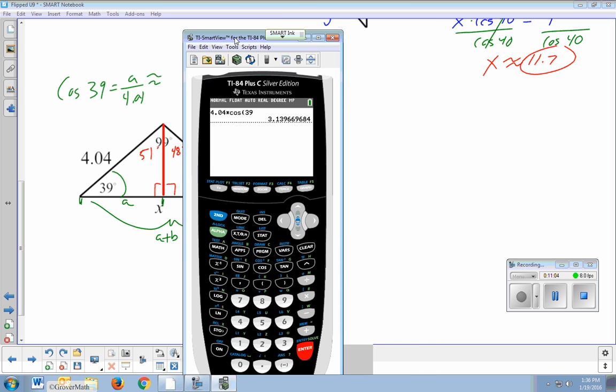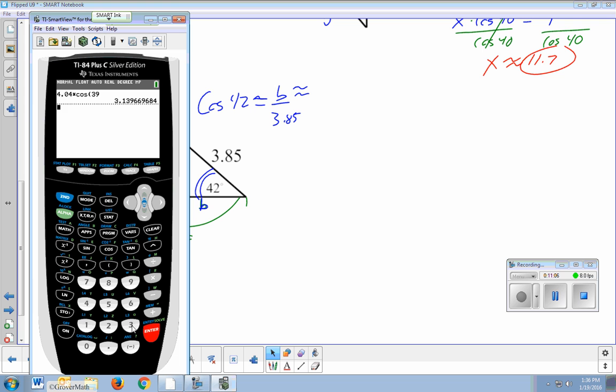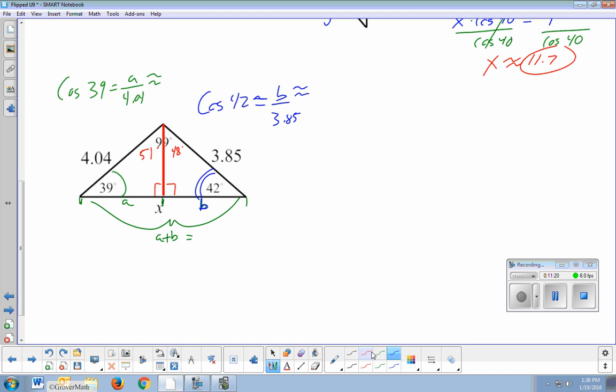And on this side, it's 3.85 times cosine 42. That's 3.1 and 2.9. So this is 3.1, 2.9, right? Get that order right? Yep. 3.1 plus 2.9 for a total sum of 4. So x equals 4. Add the two pieces up to get the whole thing.